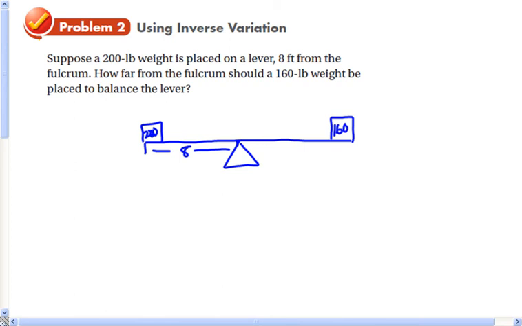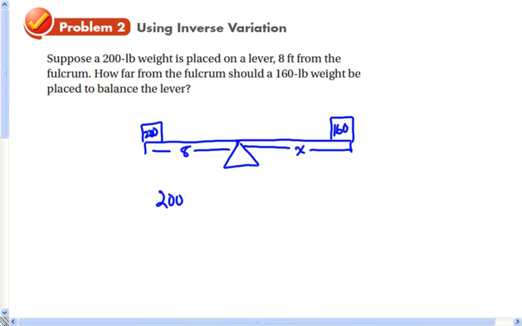Well, the relationship here is, let's call this x, an unknown. The relationship here is, and you've probably experienced this by sitting on a teeter-totter, that the further away from the fulcrum you are, the less weight you need to balance it. And so it's an inverse variation. So the product of the weight and the distance has to be equal on both sides to balance the fulcrum.